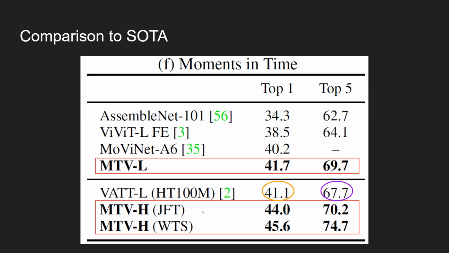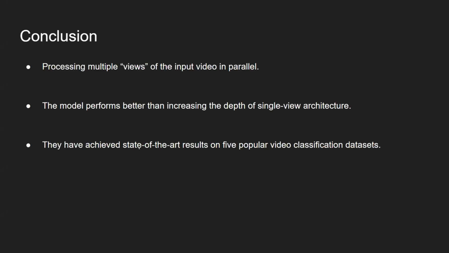And obviously with the pre-trained one, they have outperformed ViViT-L. So concluding that, we can say that parallel input actually takes a smaller number of flops, increasing the depth of a single view architecture is not worth the computation, and they have achieved state-of-the-art results on 5 popular video classification datasets.